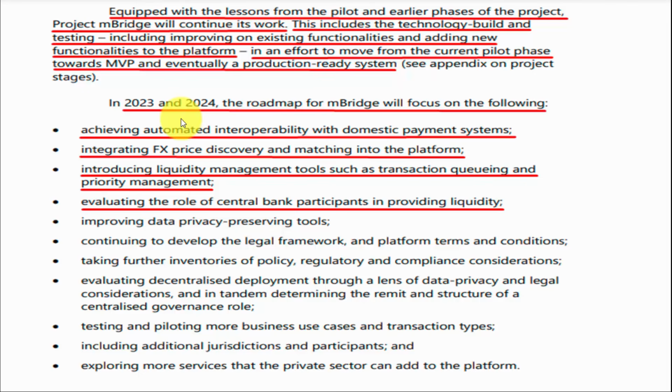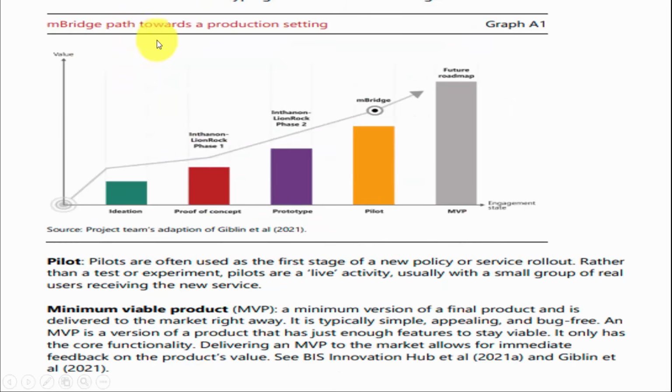And not every CBDC interoperability requires a neutral bridging asset like XRP. So here's mBridge's path towards a production setting. Ideation, the proof of concept, phase 1, the prototype, phase 2, the pilot phase, mBridge, and the next is to become a minimal viable product and eventually a production-ready system.